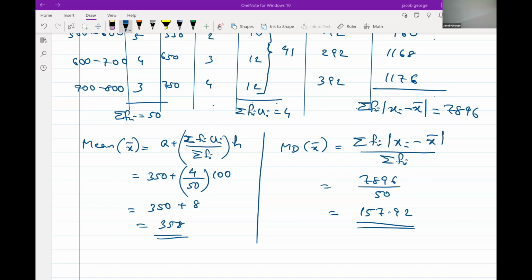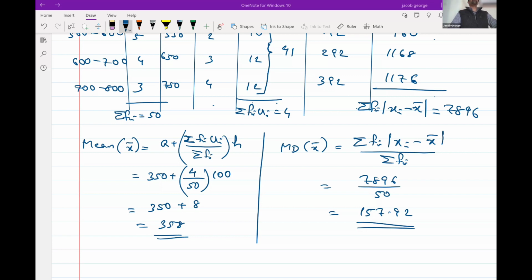See, look at the pages, you can see mean deviation about mean. We studied mean deviation about mean of ungrouped data, then grouped discrete data, means without class interval but with frequency, then grouped continuous data.